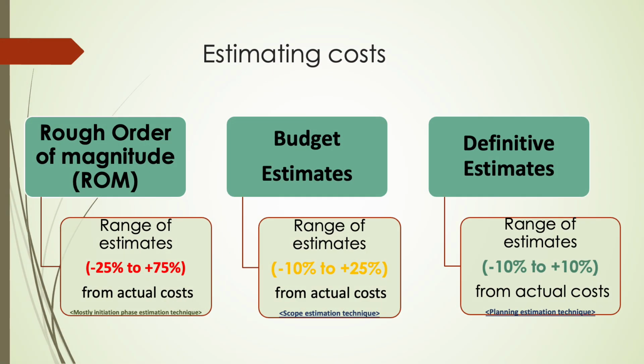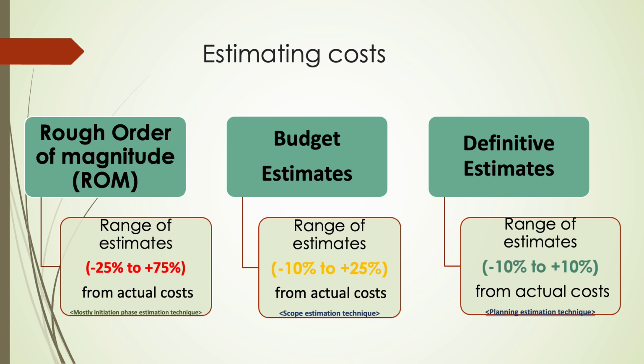As part of the cost estimation process, we use different types of estimates depending on the project stage and the information available. Rough order of magnitude estimates are made early in the project. They are quick, high-level estimates with a wide accuracy range of -25% to +75% from actual costs. Budget estimates come later when more project details are known.